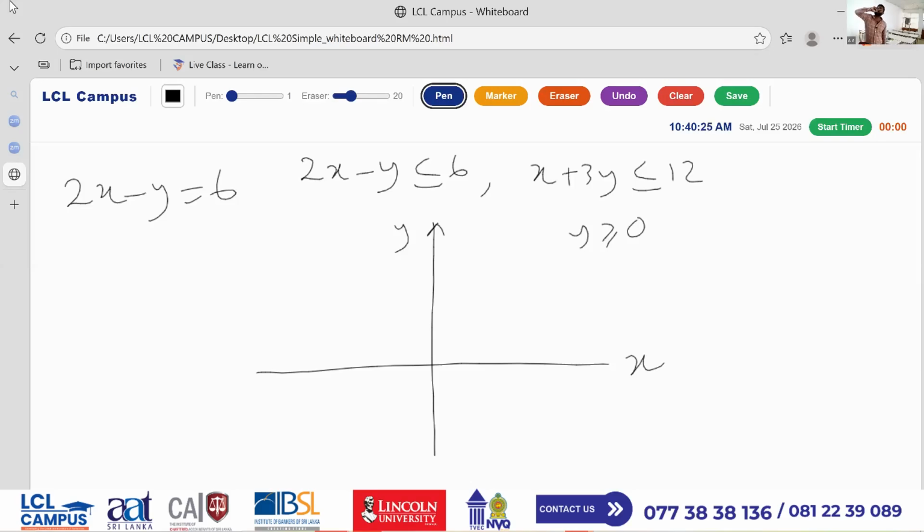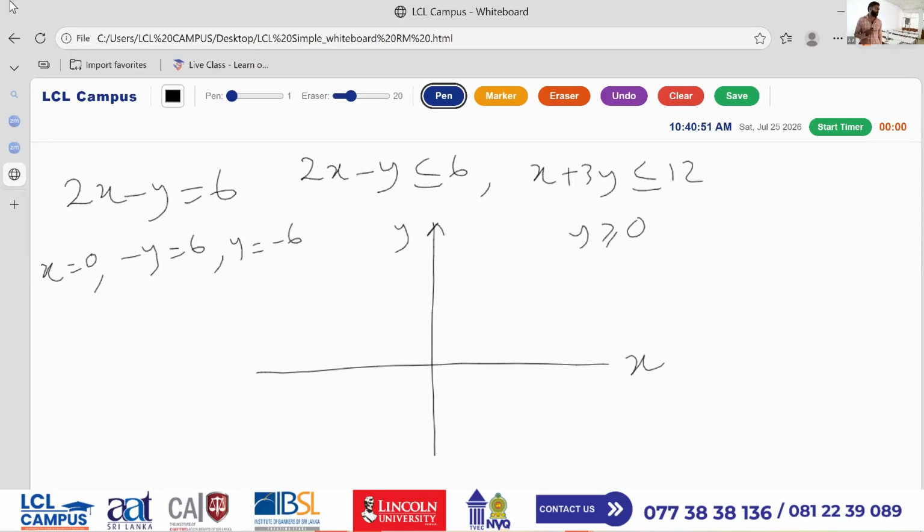Always I am going to take the coordinates for when x equals 0 and y equals 0. When x is 0, all this part is 0, no? The 2x part is 0, no? Then minus y equals 6, then y equals what? Minus 6.